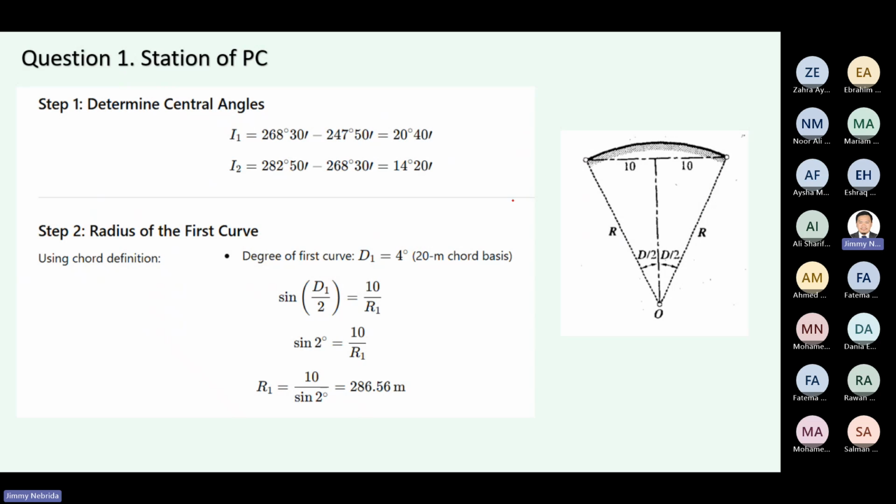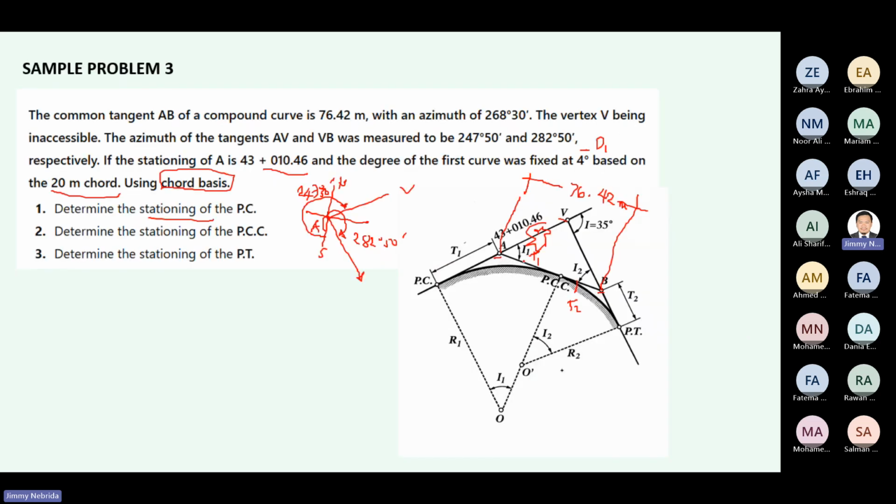Now, what is I1? Where is I1? This one is I1, right? AB has an azimuth as well. AB going here up to here is 268 degrees 30 minutes, while AV going here up to here is 247. Meaning 268 minus 247 will give you I1.